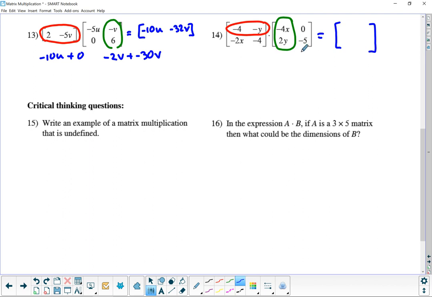Okay, 2 by 2 means there's 4 entries. So this first entry, -4 and -4x is 16x plus -y and 2y is negative 2y squared. So that's all you got: 16x minus 2y squared. Okay.